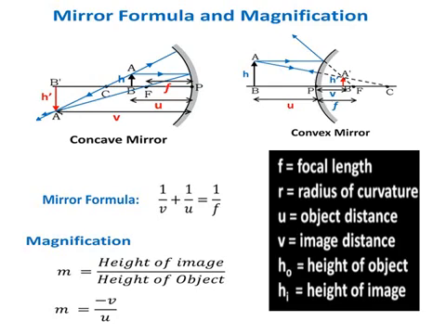Now the mirror formula says 1 by v, that is 1 by the image distance, plus 1 by u, that is 1 by the object distance, is equal to 1 by f, that is the focal length. So how are these distances u, v and f measured?